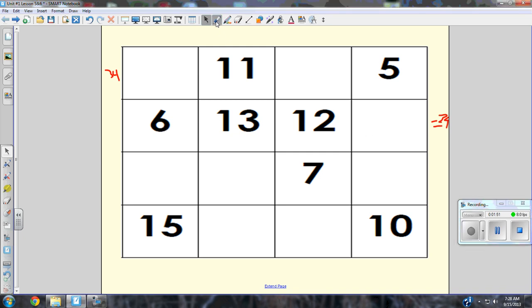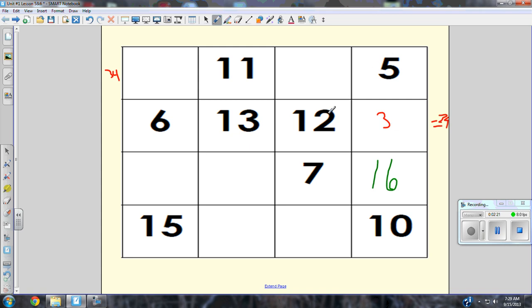So in this square right here, you would need 3, because 31 plus 3 equals 34. Here you have 10, 5 would be 15, and 18. And what number plus 18 equals 34? Hopefully you have 16.